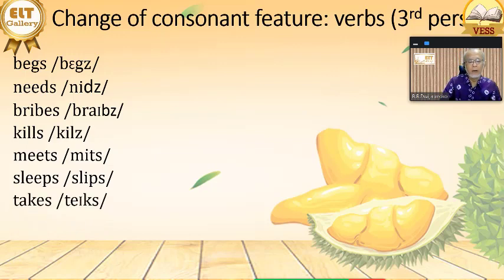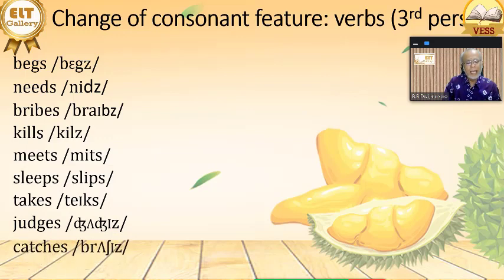Here we have the s sound because t, p, and k are voiceless, and therefore the form of the suffix for the third person singular verb is either z or s, depending on the voiced or voiceless consonant before the suffix. And then we have judges and catches, because we cannot have a j and s without anything in between.